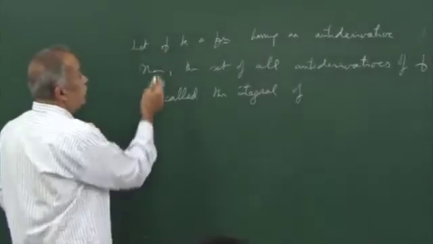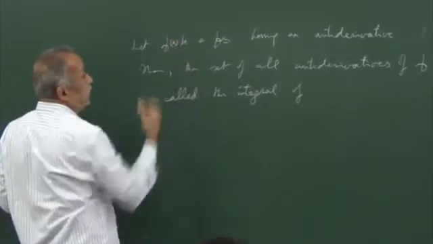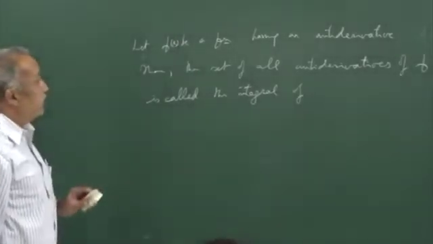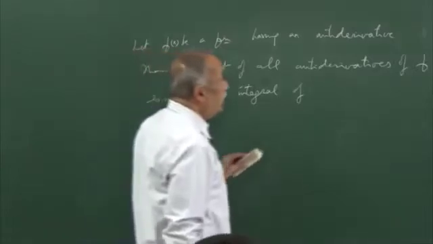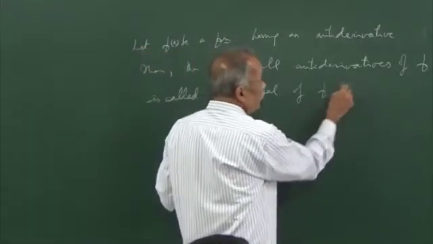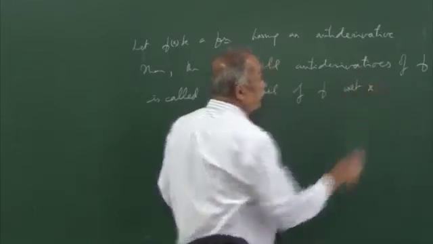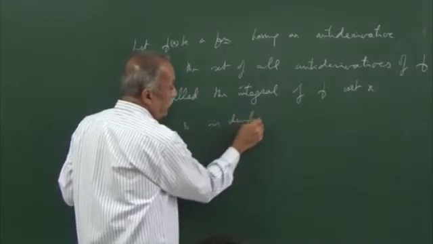Let me denote the symbol also, the symbol representing the independent variable. Let f of x be a function having an antiderivative. Then the set of all antiderivatives of f is called the integral of f with respect to x and is denoted by this.